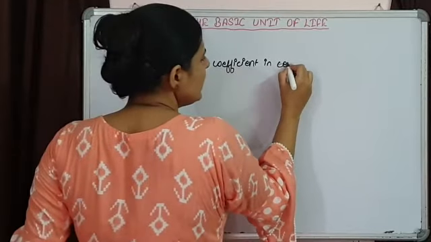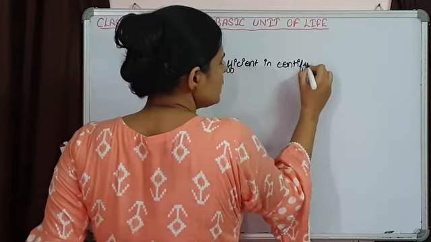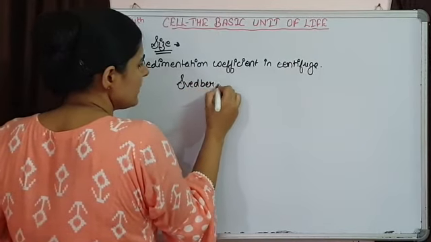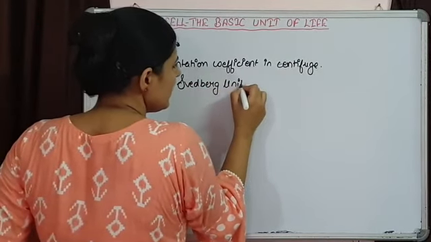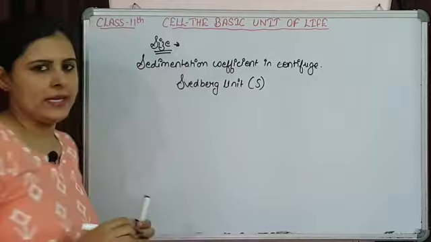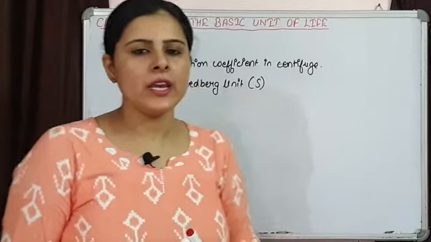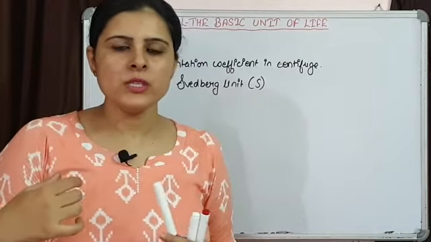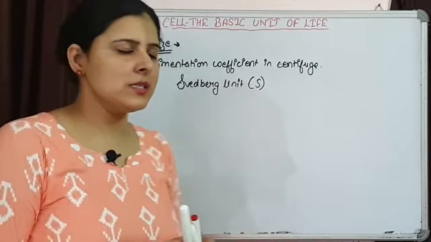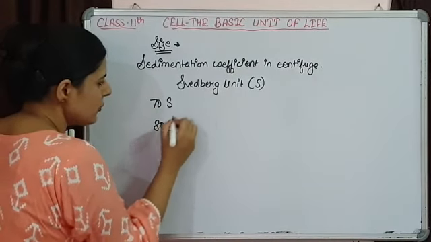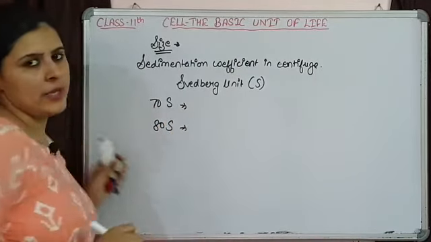And there is a unit that is used for it, that is the Swedberg unit, and it is denoted by capital S. Now on the basis of their sedimentation coefficient, we are having two types of ribosomes, prokaryotic ribosome, that is the 70S type of ribosomes, and eukaryotic ribosomes, 80S ribosomes.